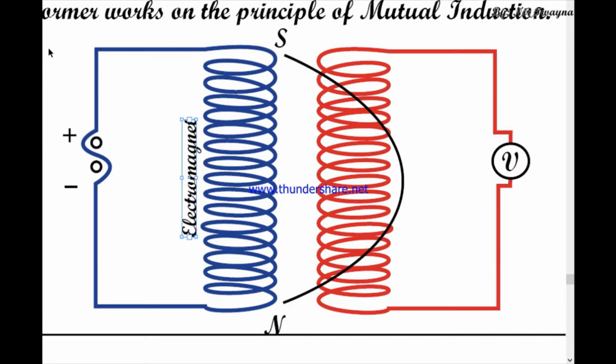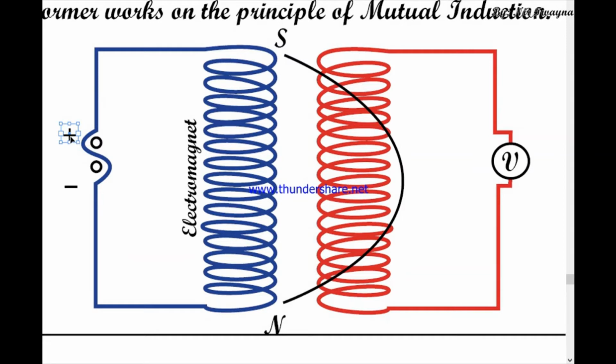Since it has become an electromagnet, it produces a magnetic field, and this solenoid is inside the magnetic field of this electromagnet. Understood?